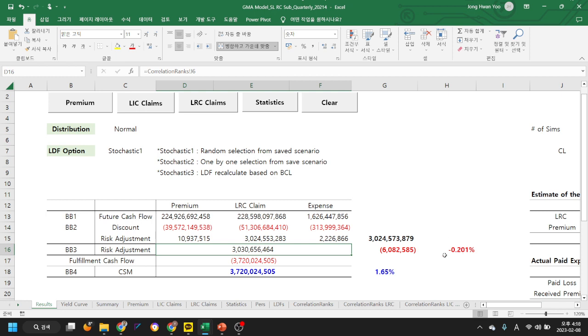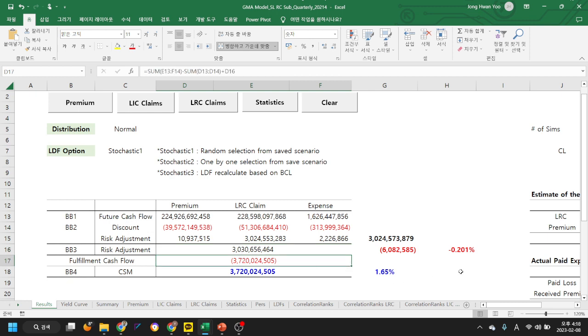That's how I come up with the risk adjustment based on the 75th confidence level. And if you change it to 60th or 80th, it's going to change this number. And I also include the risk adjustment, and that is now the fulfillment cash flow.